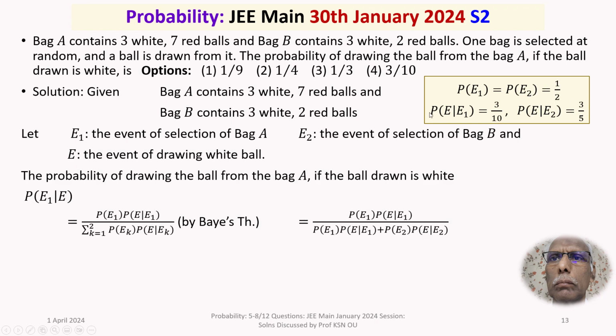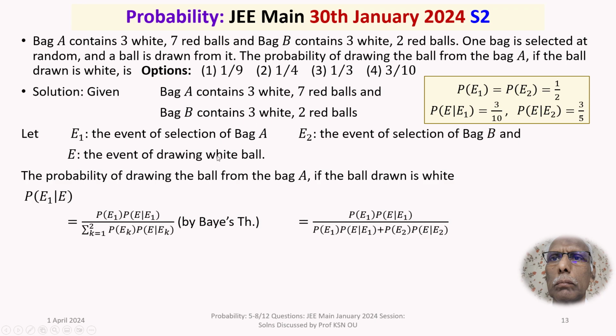Right. Probability of E given E1 is what? Drawing a white ball from the bag, given E1, that is from bag A. In bag A, 3 white balls are there.